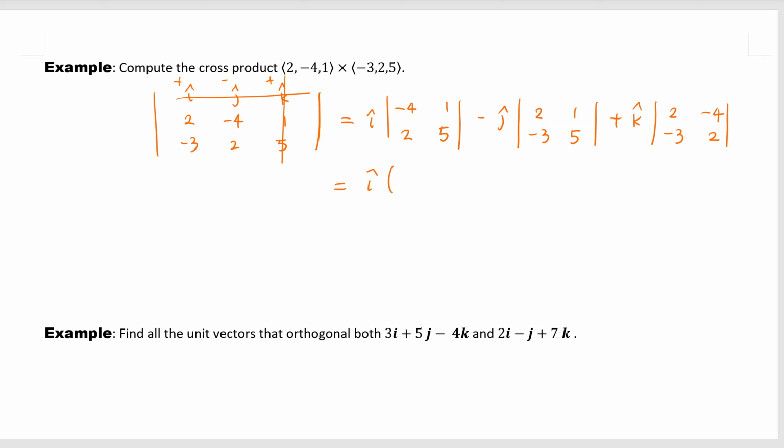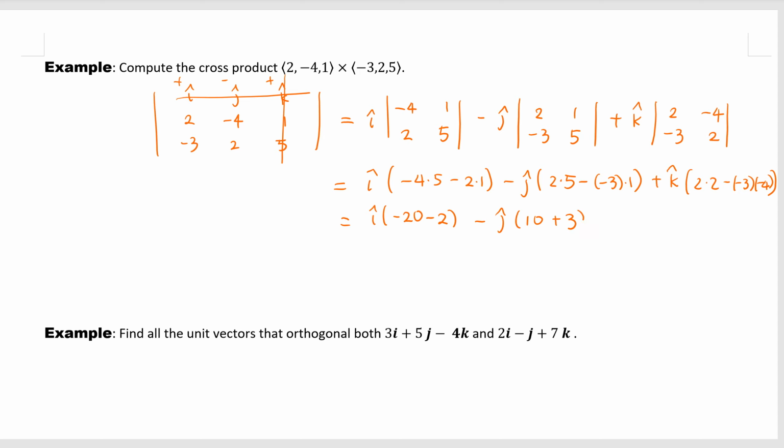What is that? Cross multiply. Minus 4 times 5 minus 2 times 1, minus j times 2 times 5 minus 3 times 1, plus k times 2 times 2 minus negative 3 times negative 4. So that is minus 20 minus 2, that is 10 plus 3, that is k times 4 minus 12.